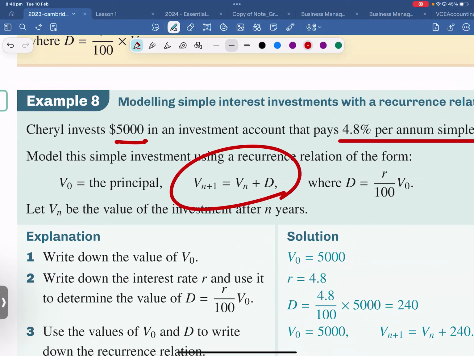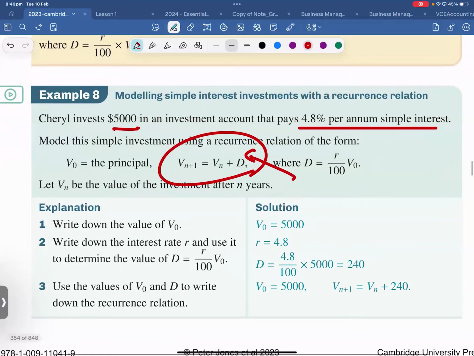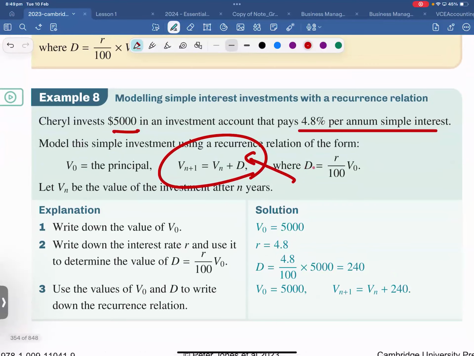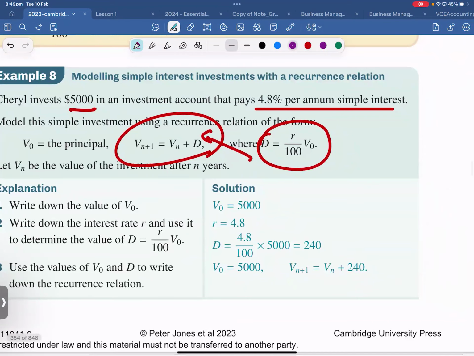So this linear growth is expressed in this rule: Vn plus 1 is equal to Vn plus d. So d is the constant or fixed amount. Okay, right. Then how would we calculate it using this formula? D we will find, right?